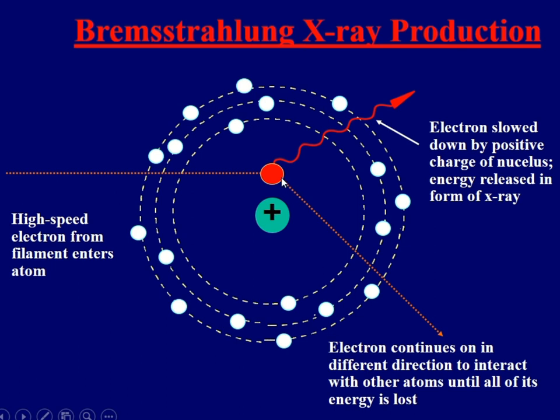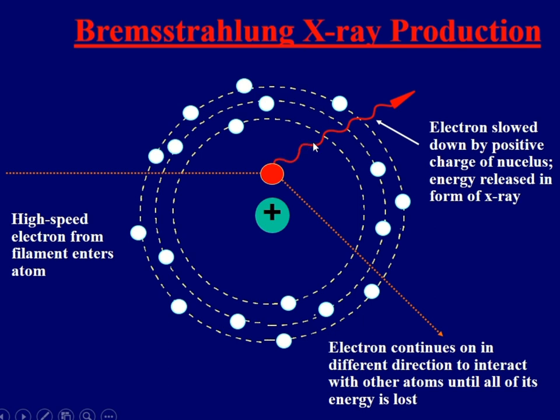Now since this electron is decelerated, due to the deceleration of this electron there is a loss of energy. This loss of energy will be released in the form of a photon, and this released photon is due to the Bremsstrahlung scattering. Now what is Bremsstrahlung scattering here? This entire process, in which the electron is scattered by the nucleus, is called Bremsstrahlung scattering.